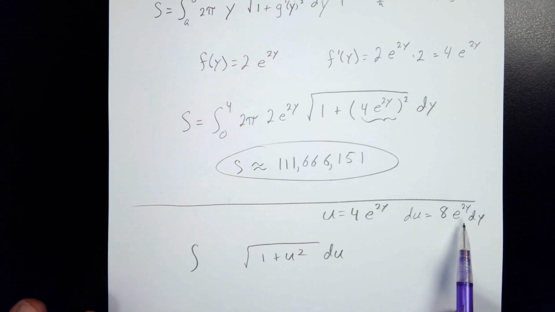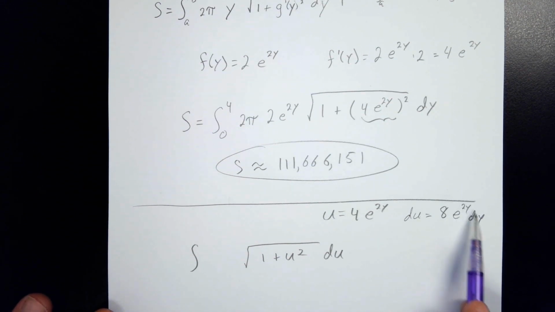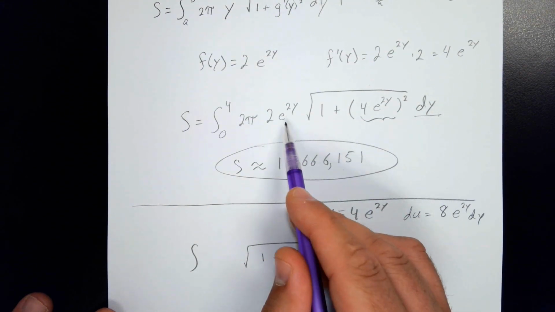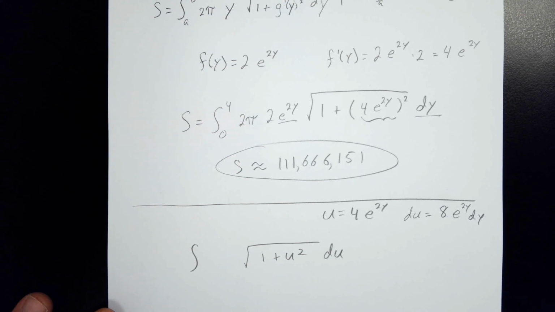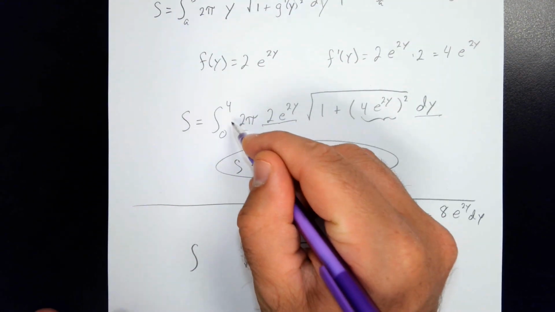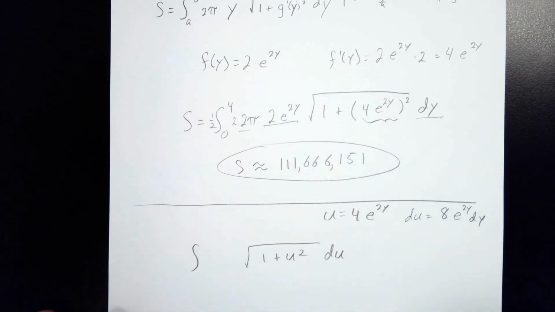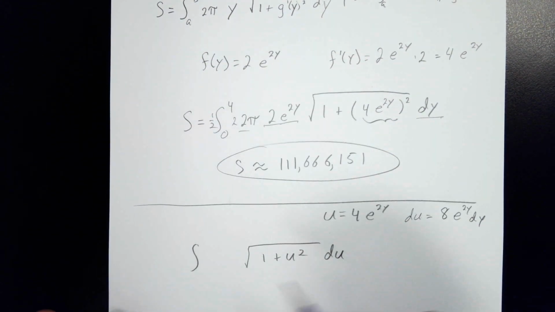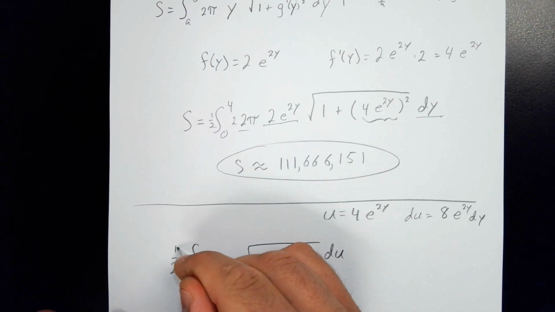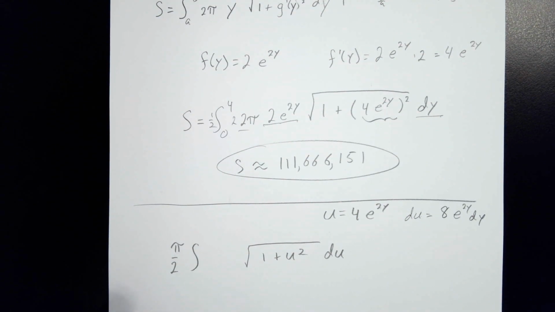Your du has 8e to the 2y dy. So you have the dy, you have e to the 2y, and you have 4. You need another 2 in there, so you need 2 times 2 times 2. So you'd multiply by 2 and divide by 2, and you'd get something that looks like 1/2. You'd also take that pi out, so maybe I'll just make that pi over 2, and you'd have something that looks like that.